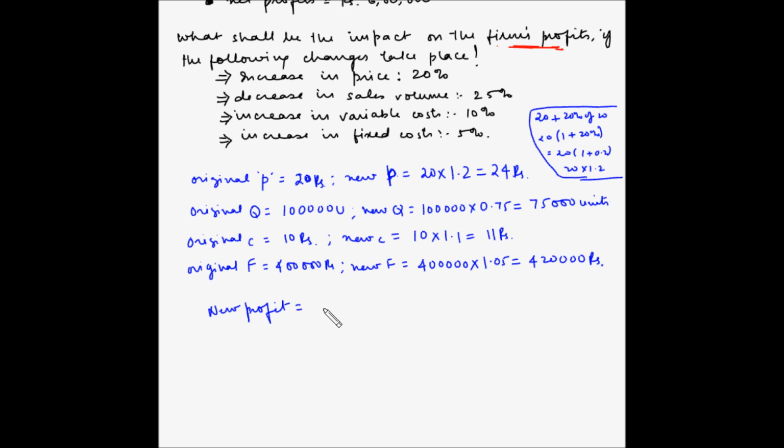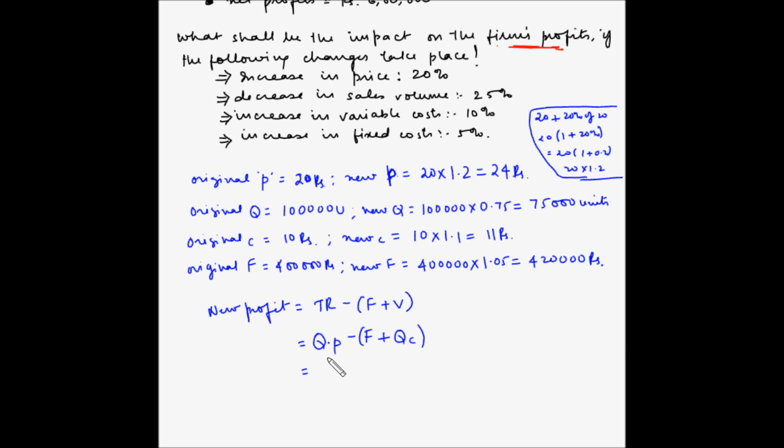which will be equal to the total revenue minus the fixed cost plus variable cost. Now the total revenue is quantity multiplied by the sale price per unit. Fixed cost is fixed cost, and the variable cost is quantity multiplied by the unit cost.